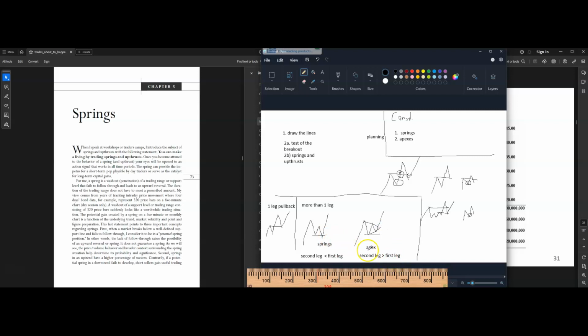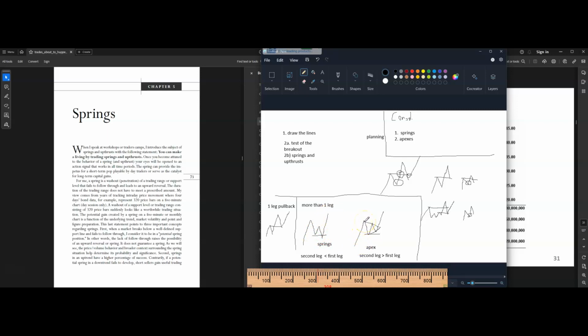Okay? So when one leg comes back, it pulls back to test the breakout. And then scenario B is when it pulls back and then retests, and that retest of that second leg has a low lower than the first leg, and it resolves the range.